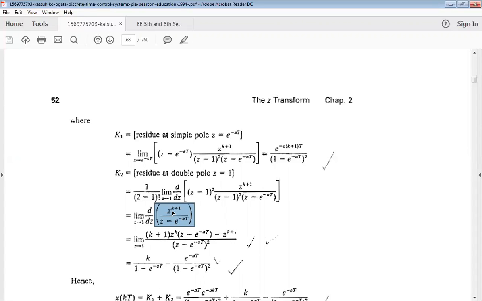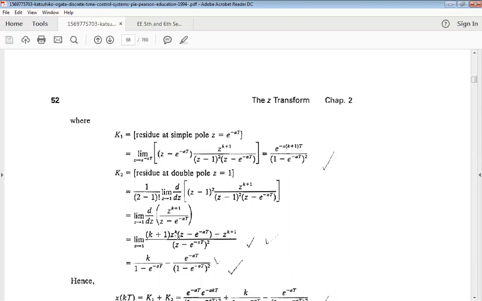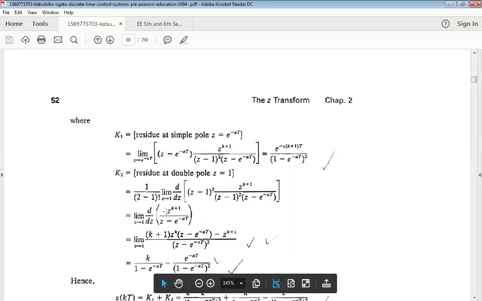If you use the derivative in u by v form, then it becomes (v du/dz - u dv/dz) divided by v square.